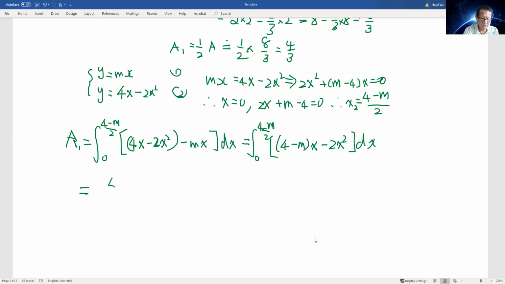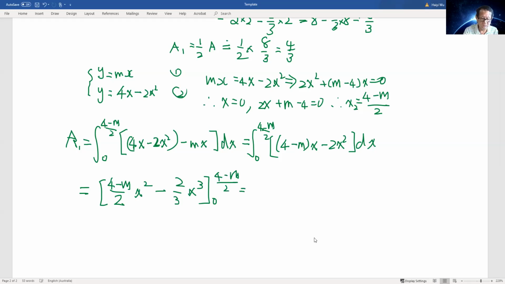The first one, so 2 to the power of 2, minus, then 3 underneath, x to the power of 3, from 0 to (4 minus m) divided by 2.